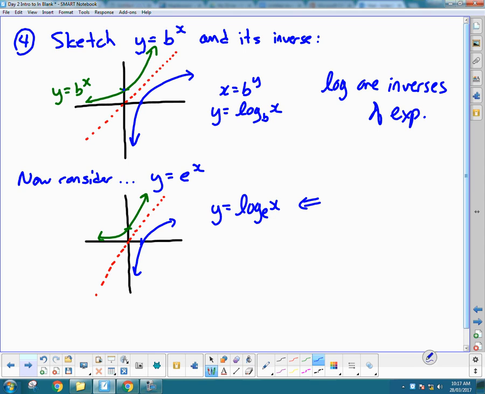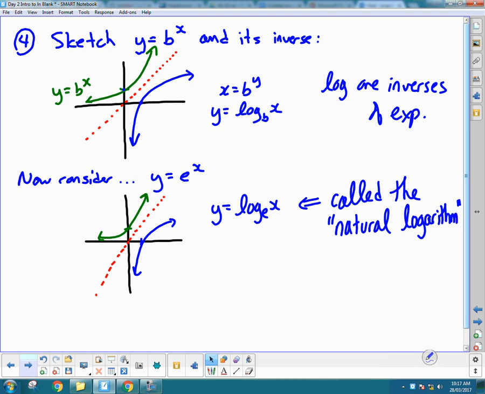It's called the natural logarithm. That's what it's called in English.